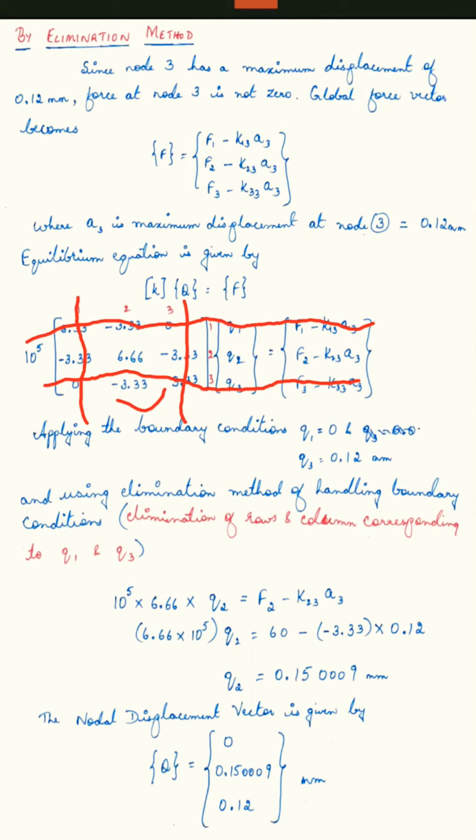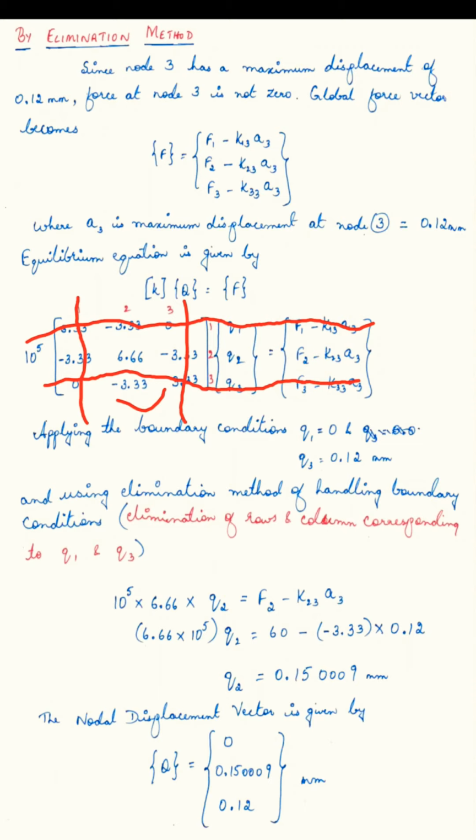So 6.66 into 10 to the power of 5 q2 is equal to f2 value, which is 60 kilonewtons, we'll take it as 60, minus K23 value, which is minus 3.33, into 0.12. 0.12 is equal to q3, which is the displacement at node 3, the maximum displacement at node 3.